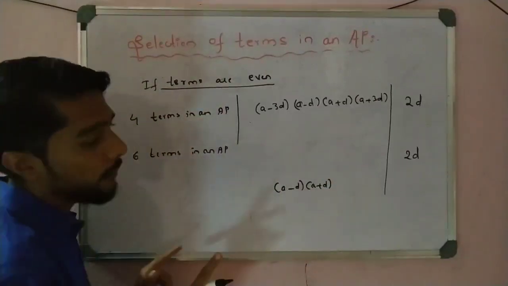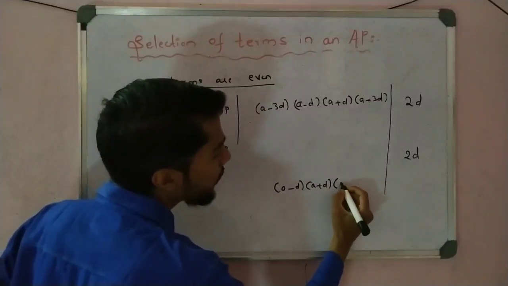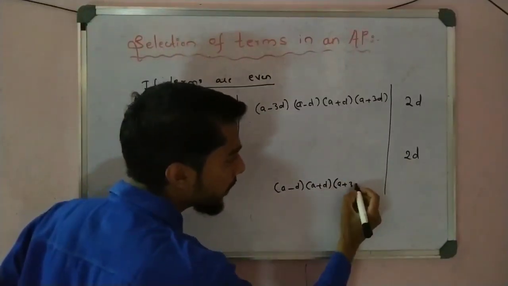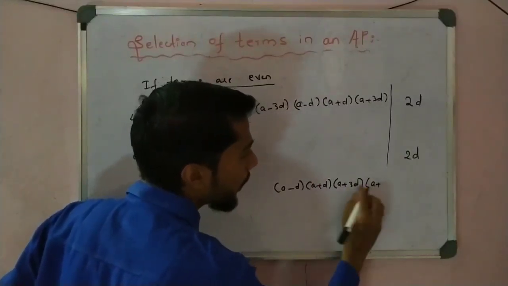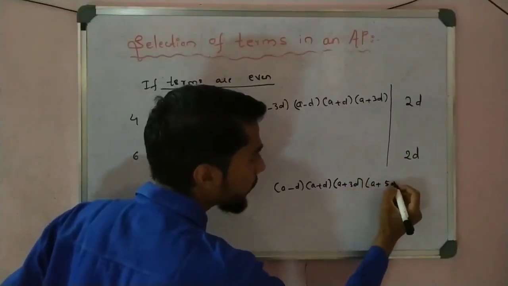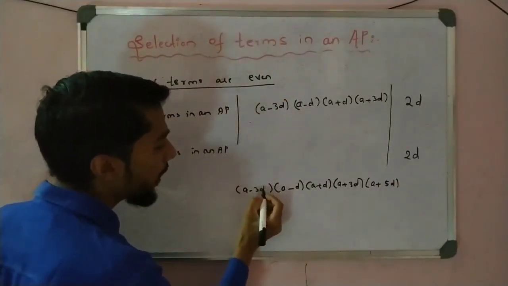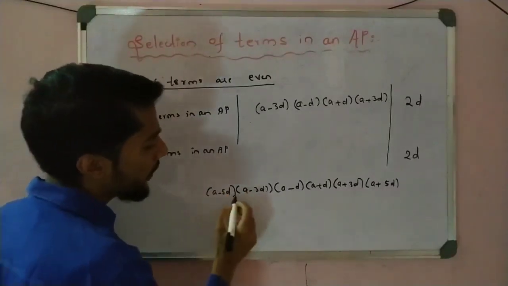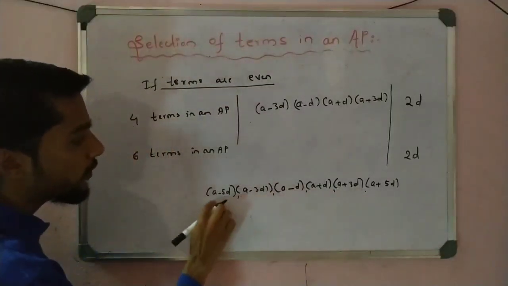In even we do not take a here. So a plus d, then 2d more means 3d, and next 2d more means 5d. On this side minus d, minus 3d, and minus 5d. These are the terms of an AP: 1, 2, 3, 4, 5, 6.